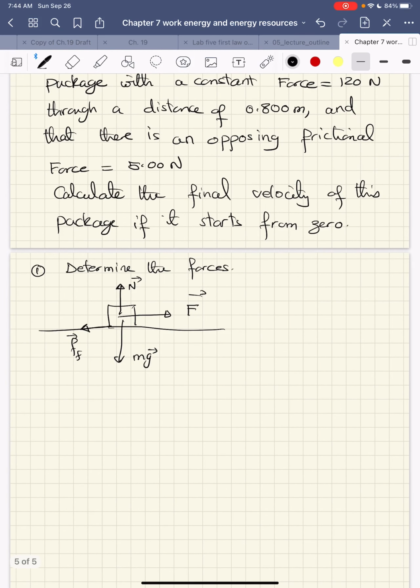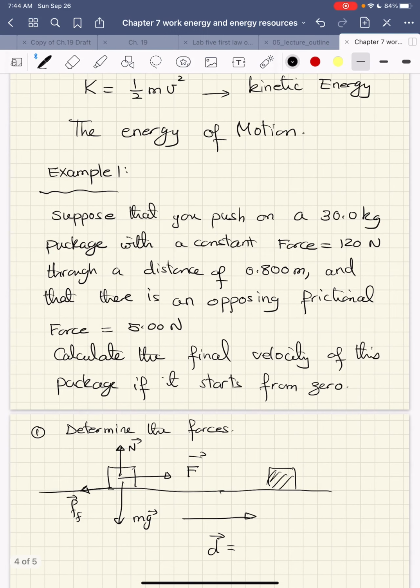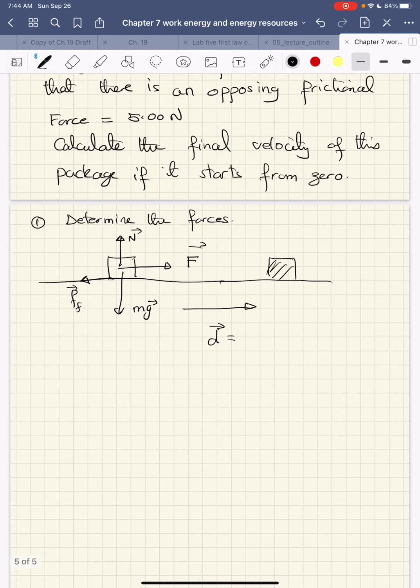Now, that package has been moving for D. That is the direction of D, and that D is 0.8 meters. First I need to find W total because it has the work of the force plus the work of the normal plus the work of mg plus the work of friction.